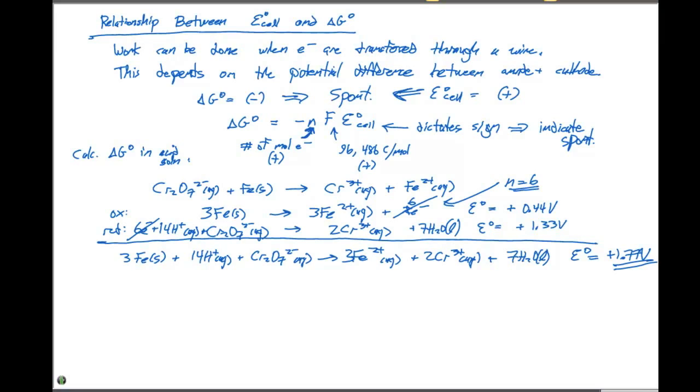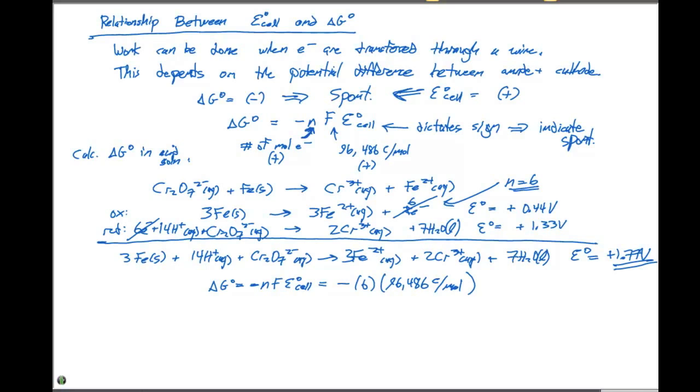In order to calculate our delta G naught, we know that delta G naught is equal to minus NF times the E naught cell, which is equal to minus 6 times 96,486 coulombs per mole.